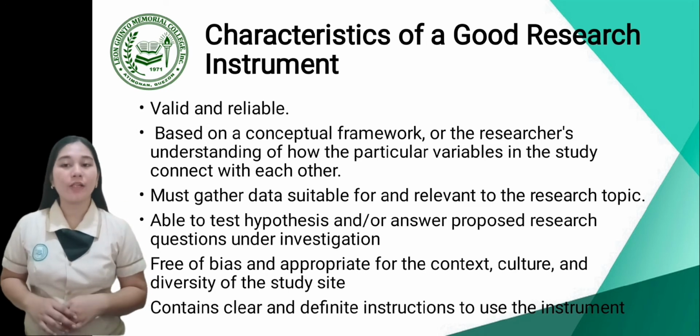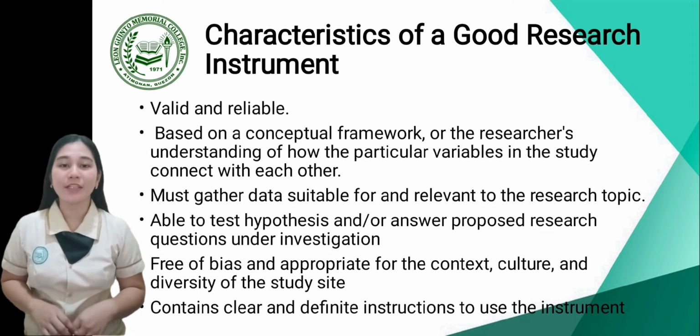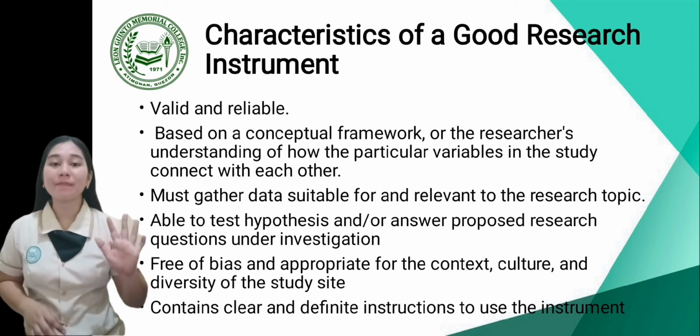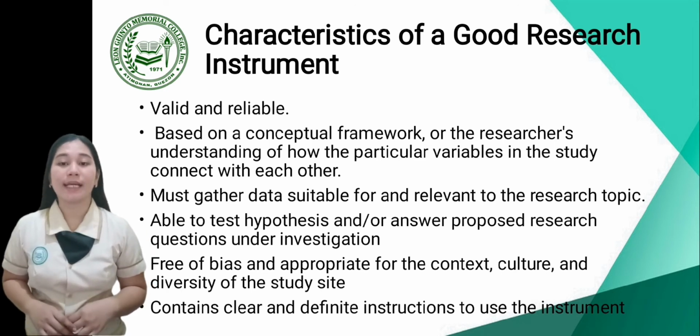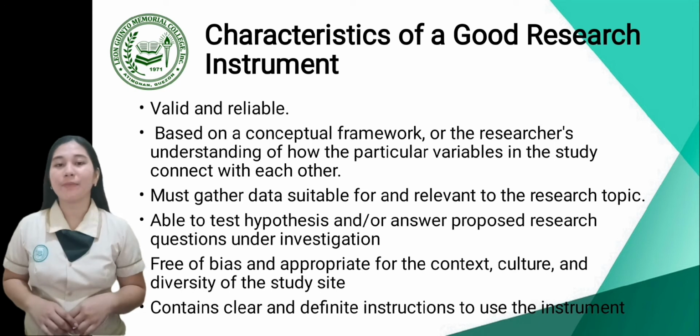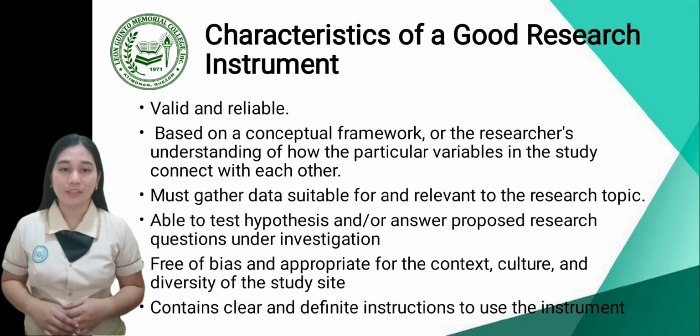Fourth, able to test hypotheses and or answer proposed research questions under investigation. Fifth, free of bias and appropriate for the context, culture, and diversity of the study site. And last, contains clear and definite instructions to use the instrument.